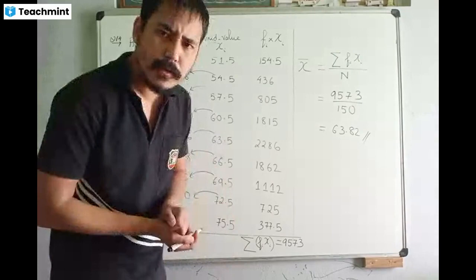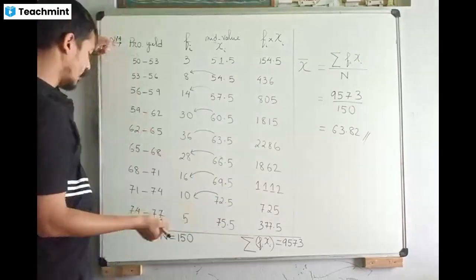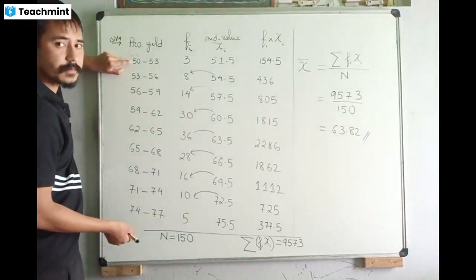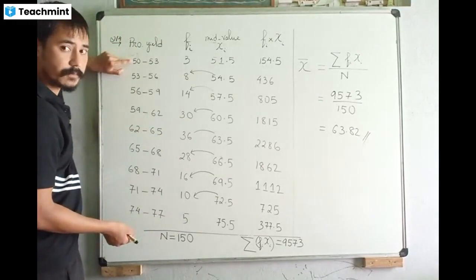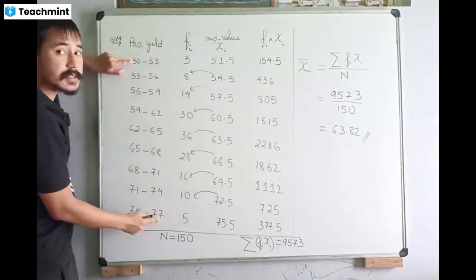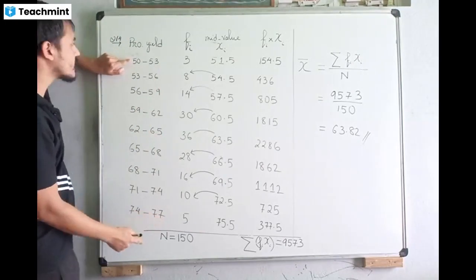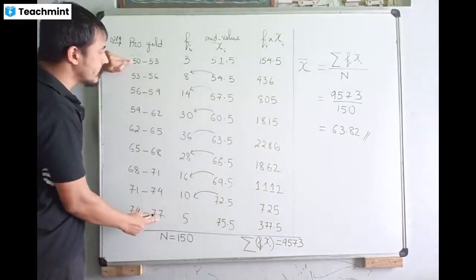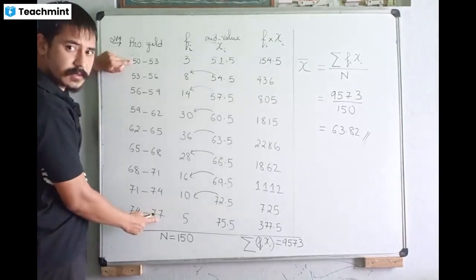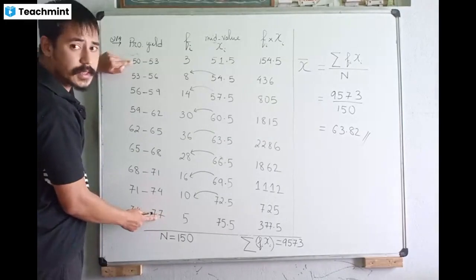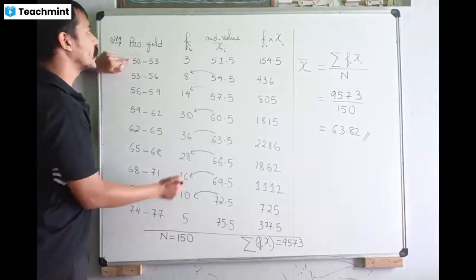Look at the range. Here, the lowest item is 50, and the highest item is 77. Range means highest item minus lowest item.